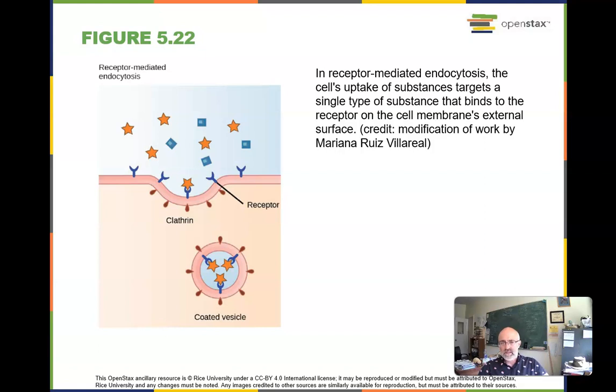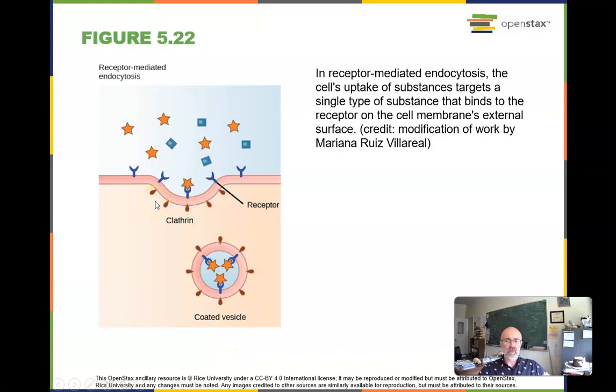It's similar in a way to the idea of a protein pump, but here the protein that's involved is a receptor. It's on the outside of the cell. When all of these receptors are filled with whatever molecule fits three-dimensionally into the receptor, here these receptors are for the star-shaped molecule, and once those molecules are received in the receptor, that forms the vesicle and is brought inside the cell.